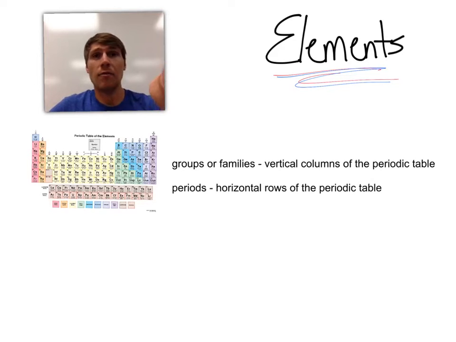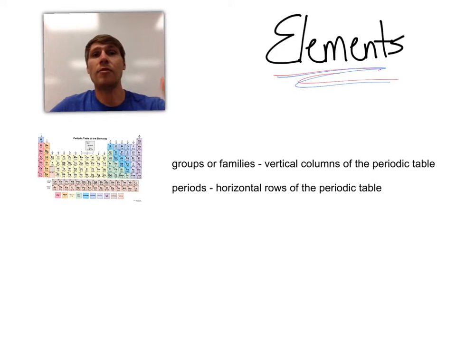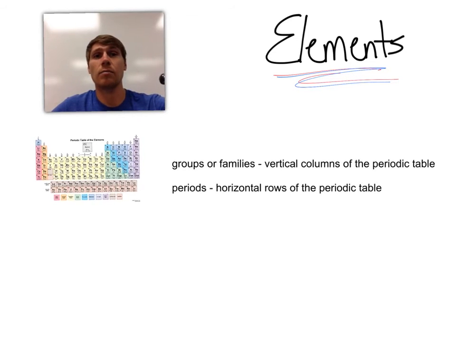For example, everything in that first group, lithium, sodium, potassium, rubidium, cesium, and francium, that's Li, Na, K, Rb, Cs, and Fr, will react with water really violently. They'll all explode when you put them in water. That's just one of the chemical properties that go along with it, and every single column will have properties like that.